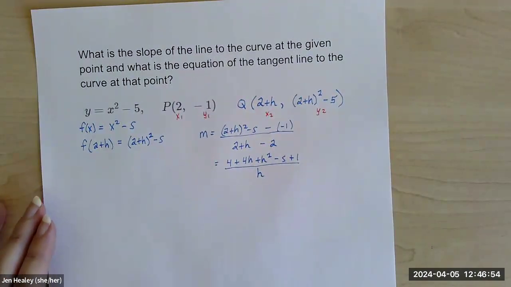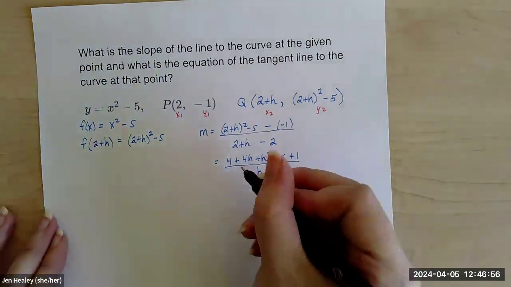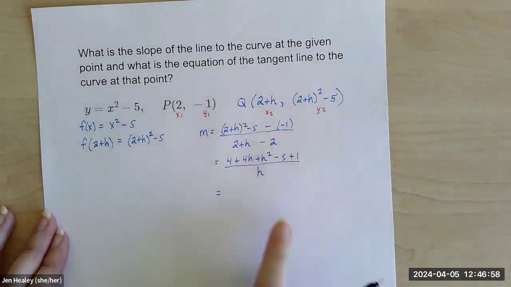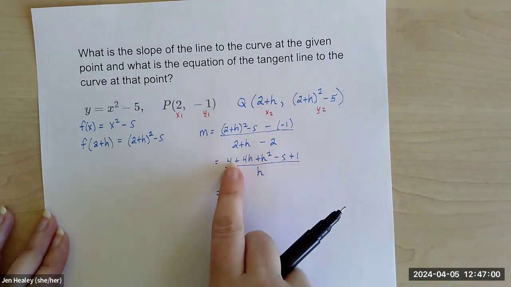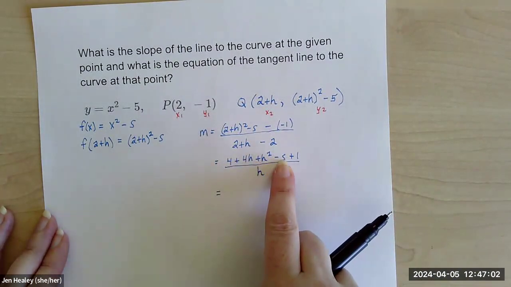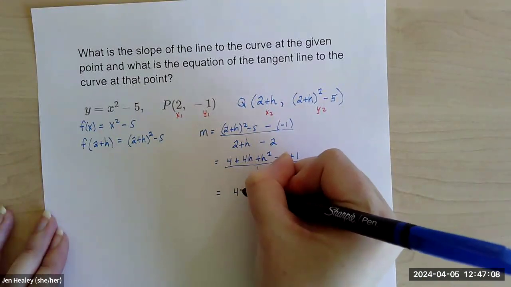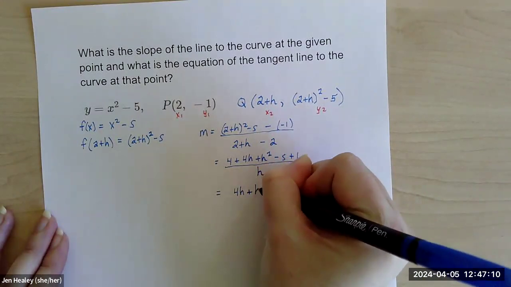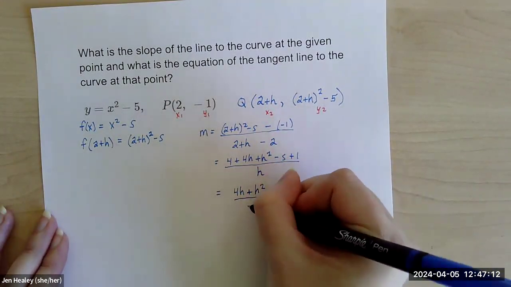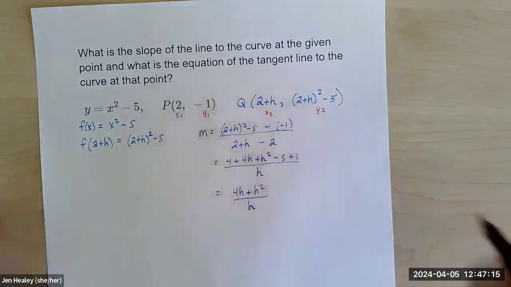Cool. I'm going to just add up the constants now. So 4 minus 5 would be -1, plus 1 would be 0. So those got wiped out. So I have 4h plus h squared, and then you can factor out h. All right. And yeah, now we're in a scenario where both of the things in the top have an h.